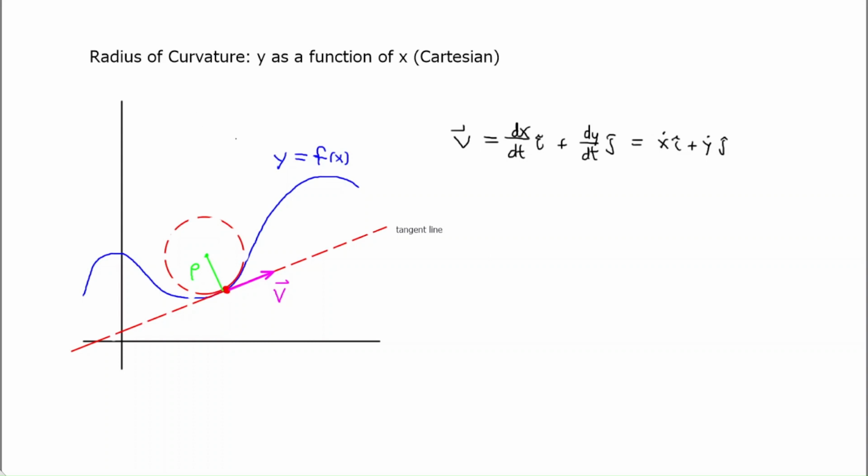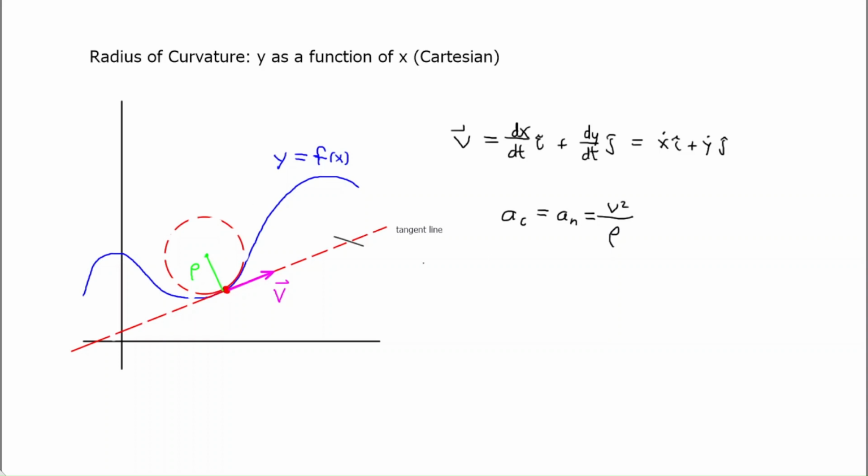Now some things we're going to need to know. We know that centripetal acceleration, sometimes called normal acceleration, is v squared over r, but in this context we use the Greek letter rho to stand for the radius of curvature.